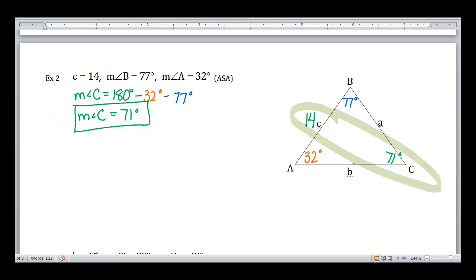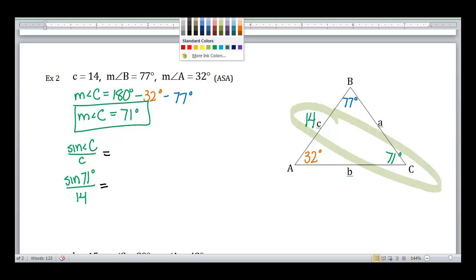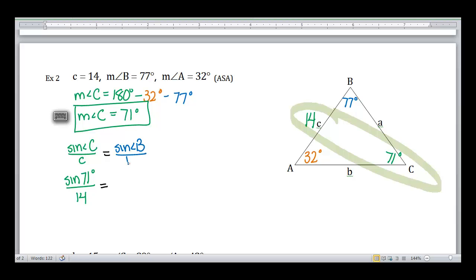So I'm going to go ahead and start with solving for side B. Again, the ratio I know is the sine of angle C divided by side C. So the sine of 71 divided by 14. And since I'm solving for side B, that's going to equal the sine of angle B over side B. So the sine of 77 degrees divided by side B.